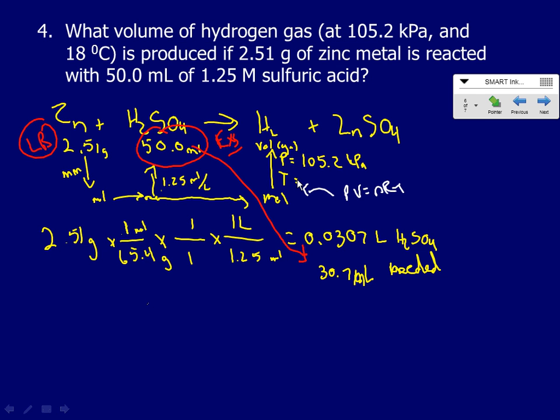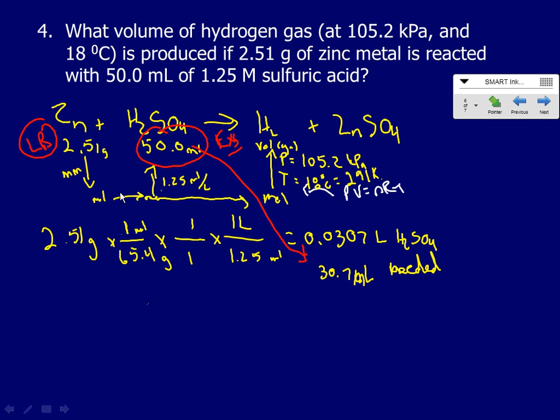T, 18 degrees Celsius. Yep, we need to do some changing there. Have we got it? 291? 291 Kelvin.